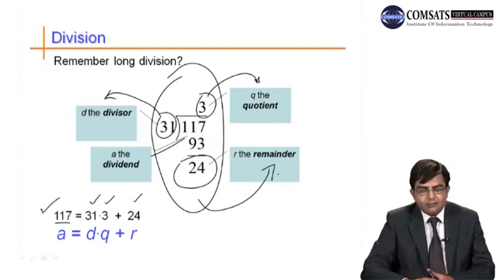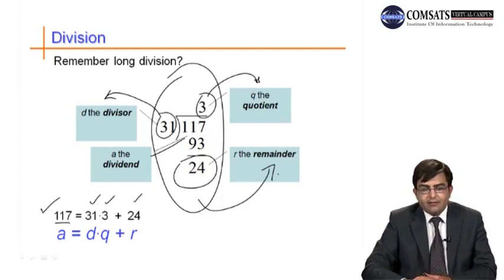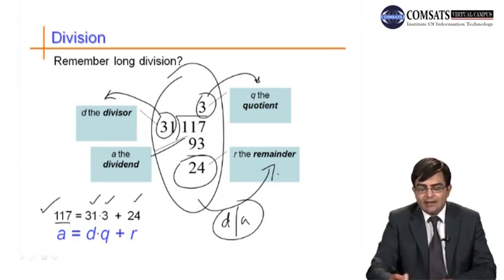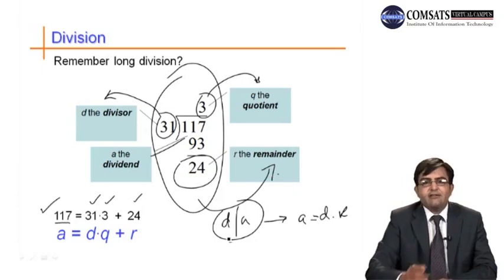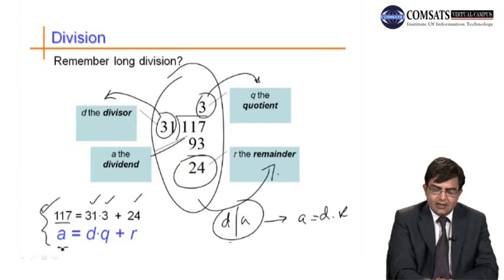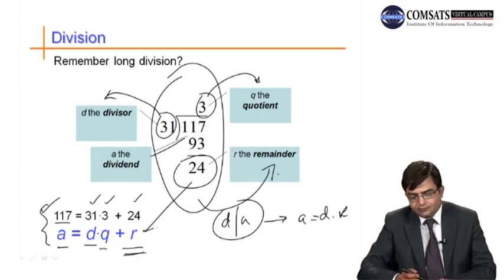So in number theory, if we have two numbers, for example d and a, and d divides a completely, then we can write a as d times some integer. If d doesn't divide a completely, then we write a equal to d times some integer q plus the remainder r.